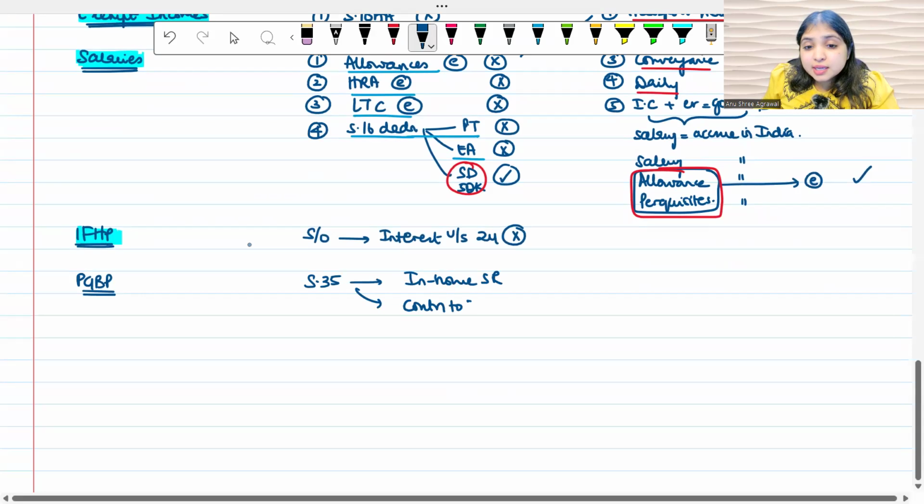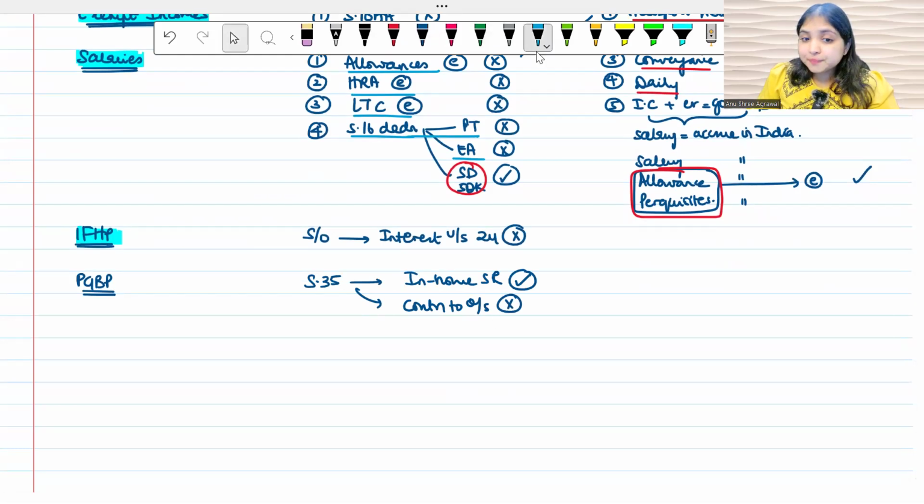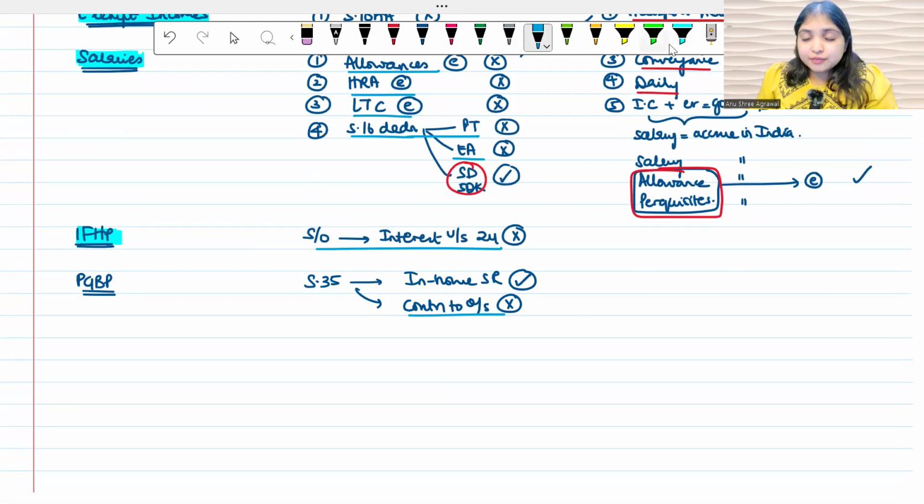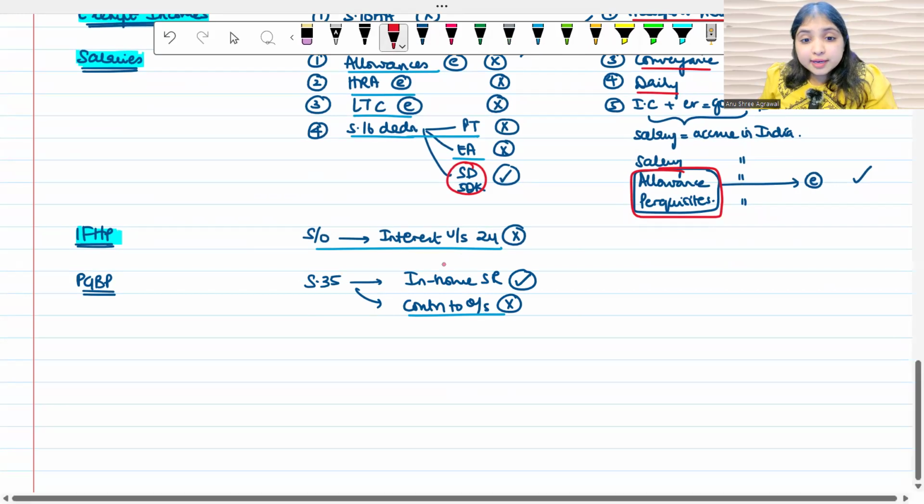If your assessee is following 115BAC, for in-house scientific research, he will still get the section 35 deduction. But contribution to outsiders, he will not get. Understanding, everybody? Under section 35, the contribution to outsiders deduction he will not get. Getting it? However, in-house scientific research, he can continue to enjoy the deduction.